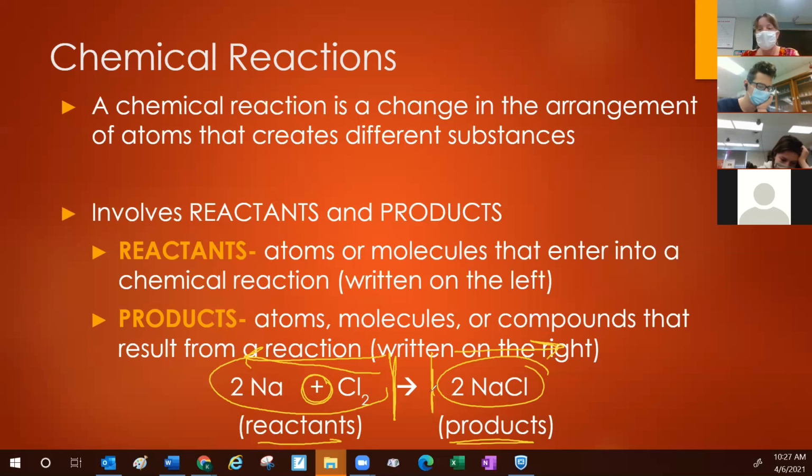Okay, so that's all that a chemical reaction is. You're taking 2 things, you're changing them to form something else. But in the math of all this, everything still needs to be equal numerically. So what do I mean by that?